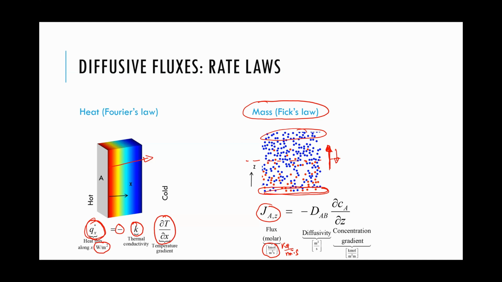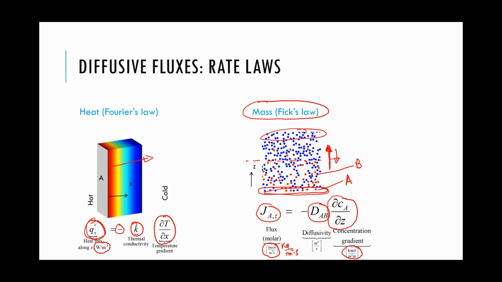And in a very analogous way, that's equal to the diffusivity of the component A, so A being the red and B being the blue, diffusivity of A in B and the concentration gradient of A, with the respective units that are also similar to those in the heat side.